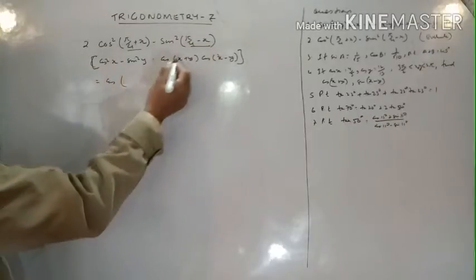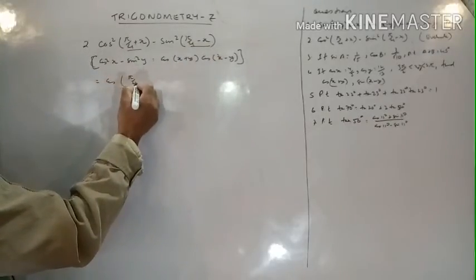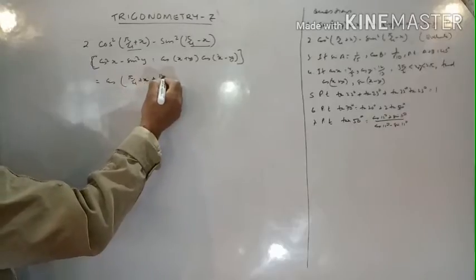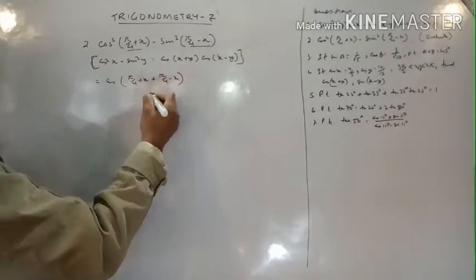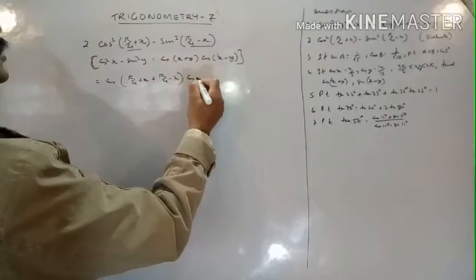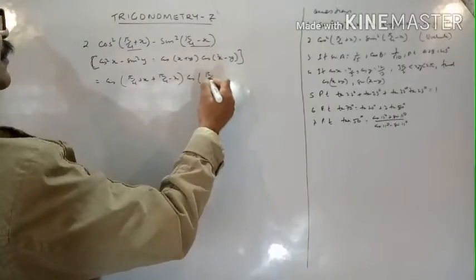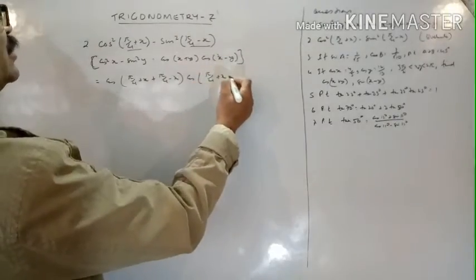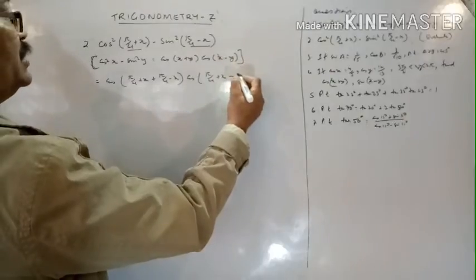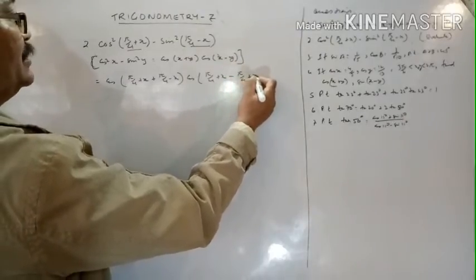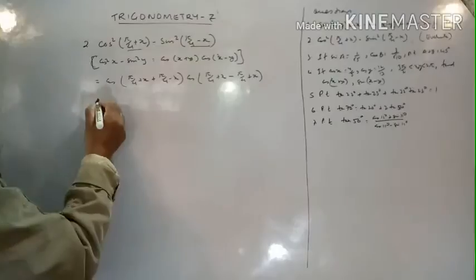So x plus y will be pi by 4 plus x plus pi by 4 minus x. Then for cos (x minus y), minus will make the sign plus, so pi by 4 plus x minus (pi by 4 minus x).